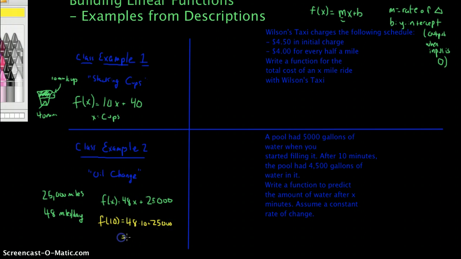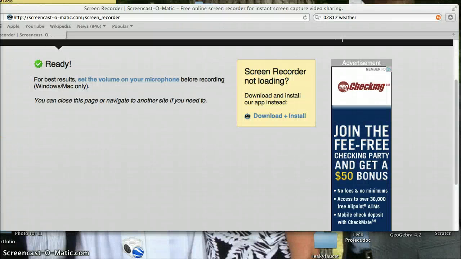I calculate that, and I end up with 25,480 miles. So once I have a function, it's easy to find particular values that I'm interested in. Now we're going to do a couple of new examples together.